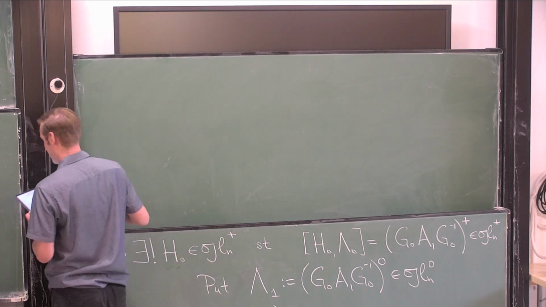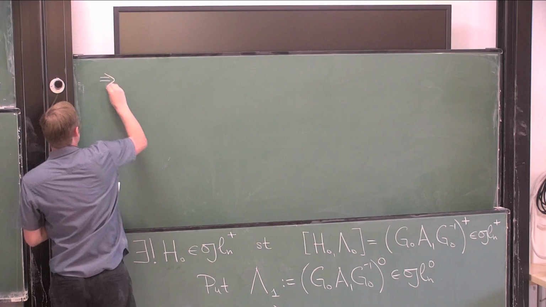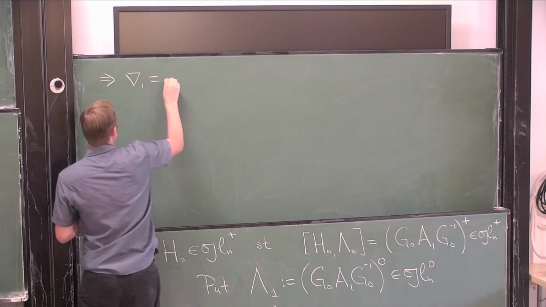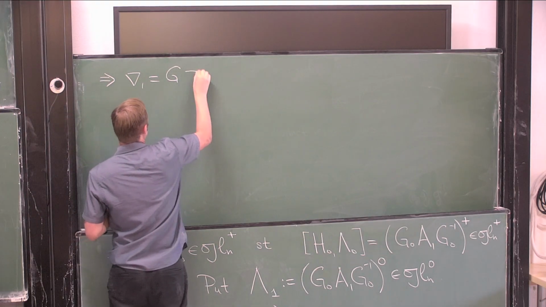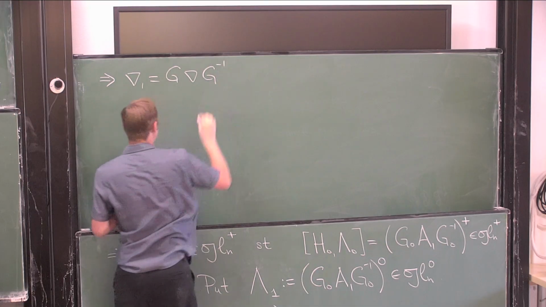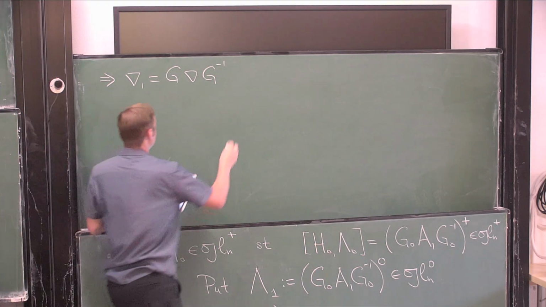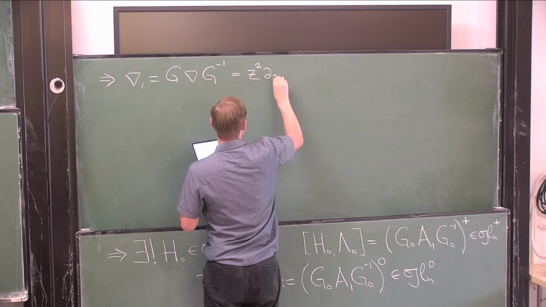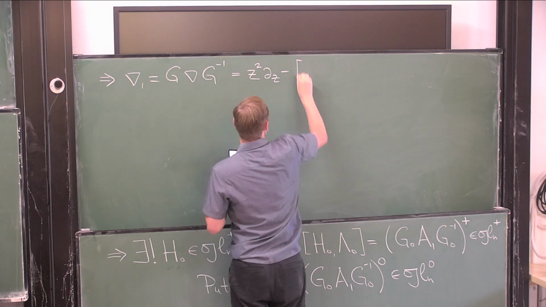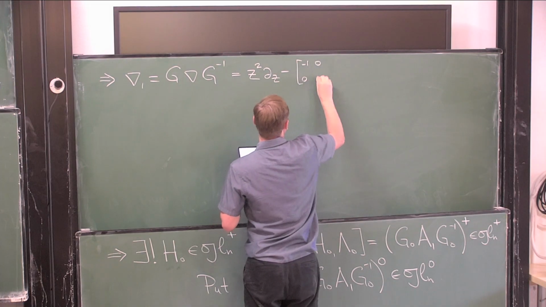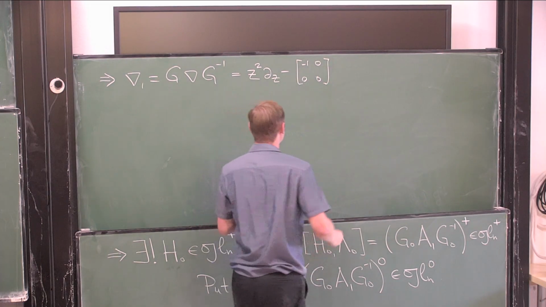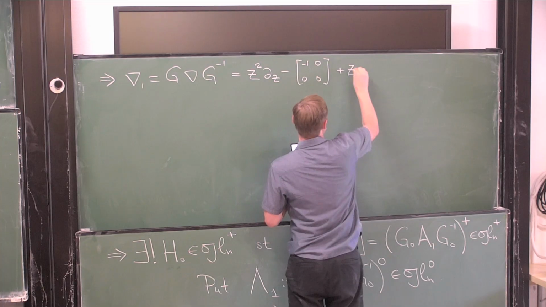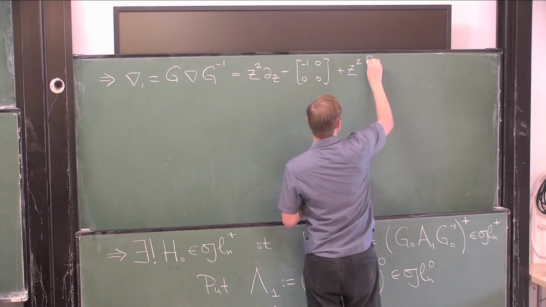it follows that nabla 1, which is the gauge transformed version of nabla, becomes z squared del z minus, this is just a naught, and then this is the stuff that appears at higher order.